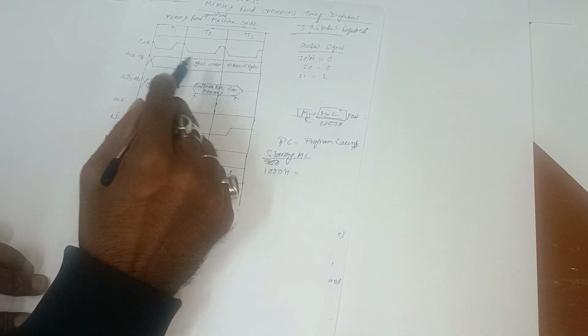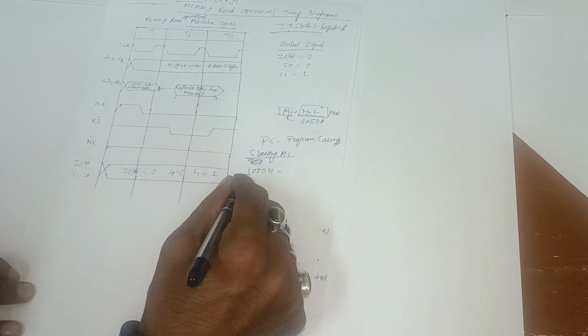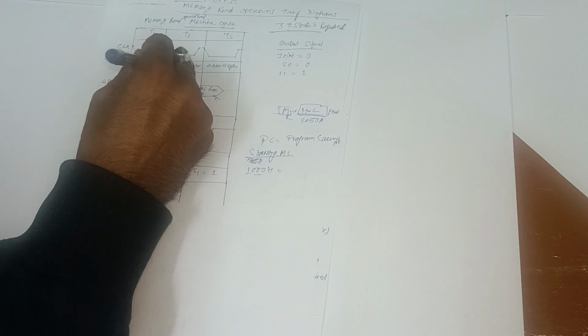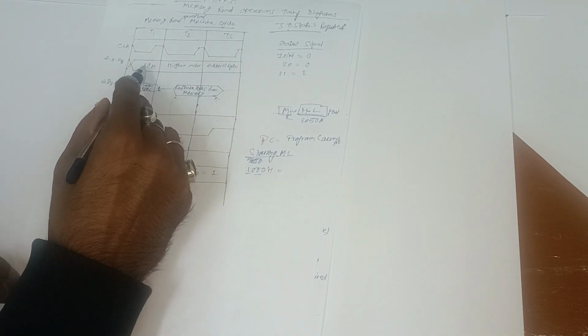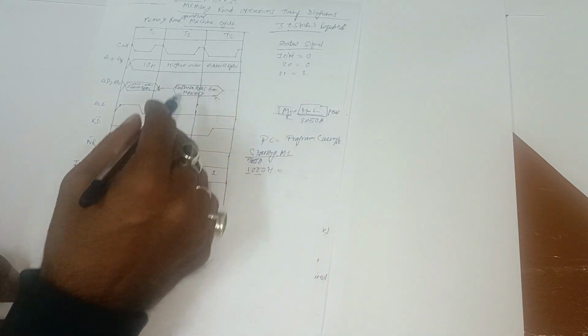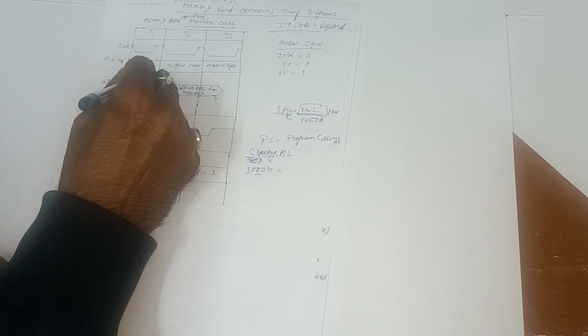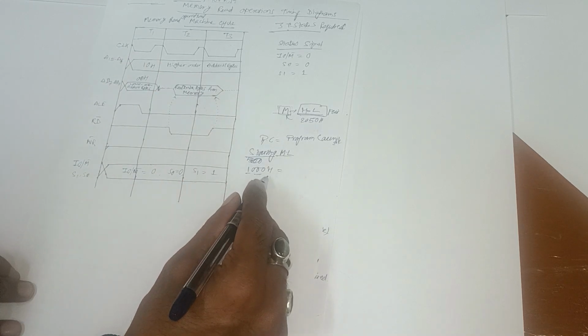This is my higher address and lower order address. Suppose the higher address is 10, so it will be 10H. Always write H, because if you write 10, it can be taken as decimal. The lower address is 00H.